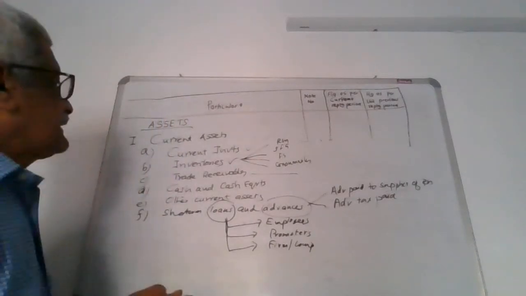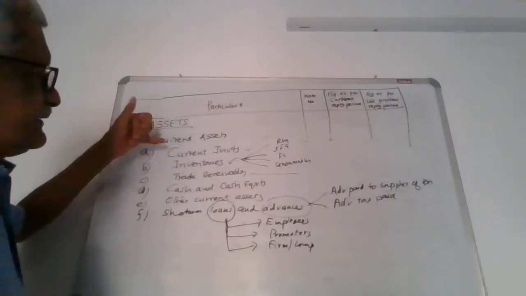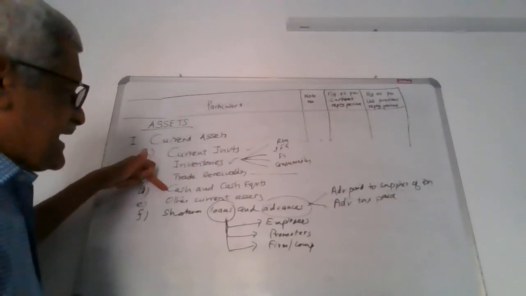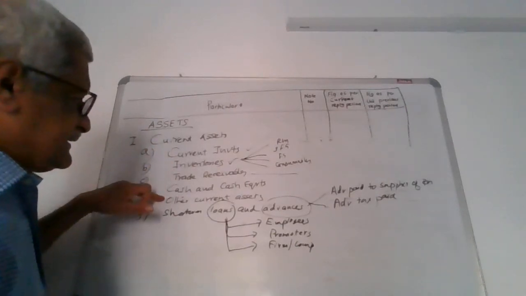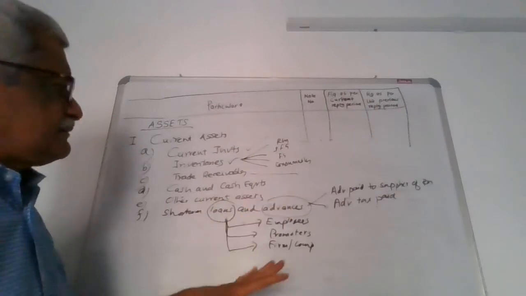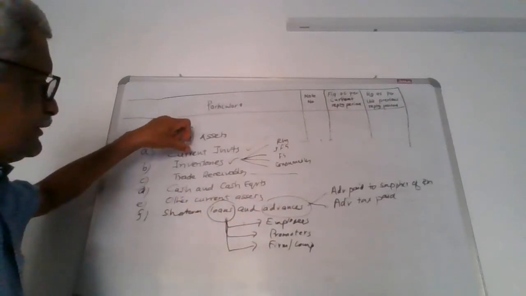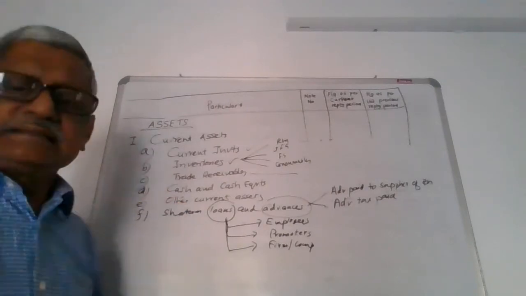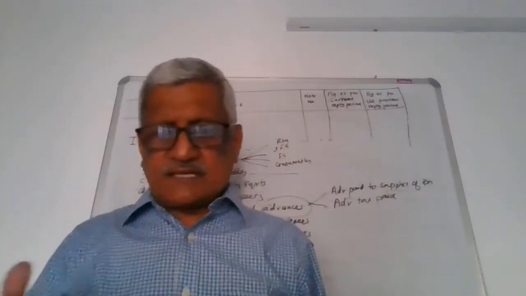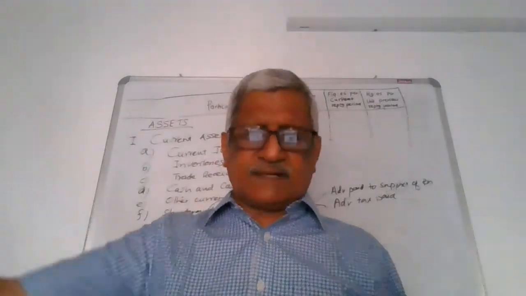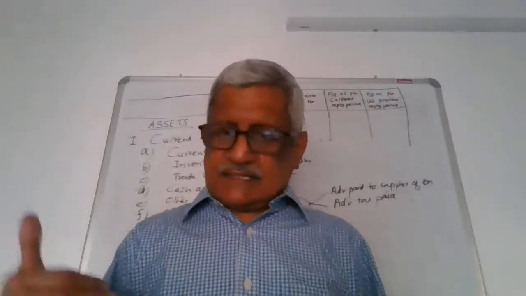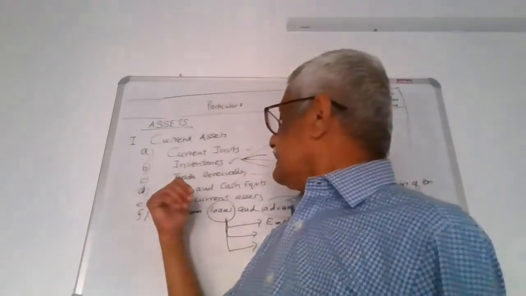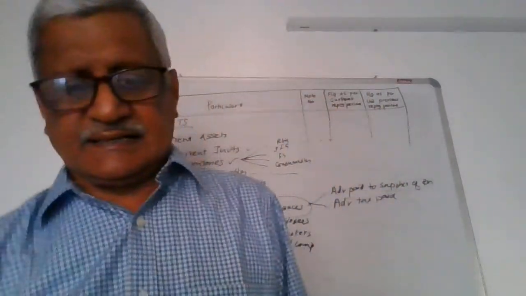So in a nutshell, the current assets are divided into current investments, inventories, trade receivables, cash and cash equivalents, other current assets, and short-term loans and advances. Anything which doesn't fit into 1, 2, 3, 4, 5 will go as other current assets. For example, the company has given an advance to a printing unit, and it is to be collected because it's not related. Naturally, that will come as other current assets.